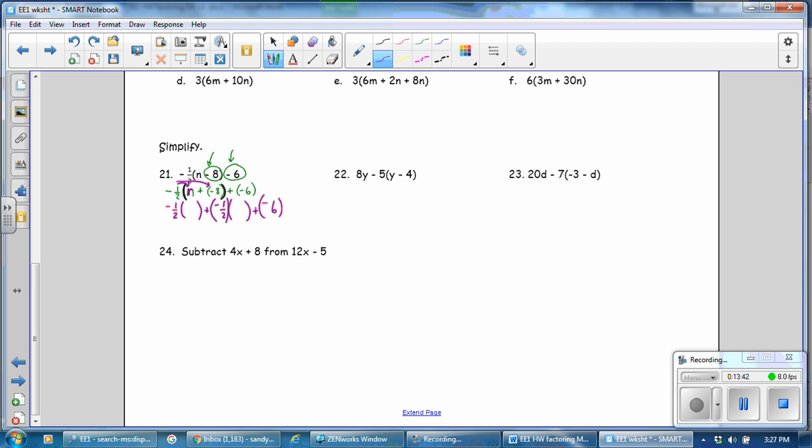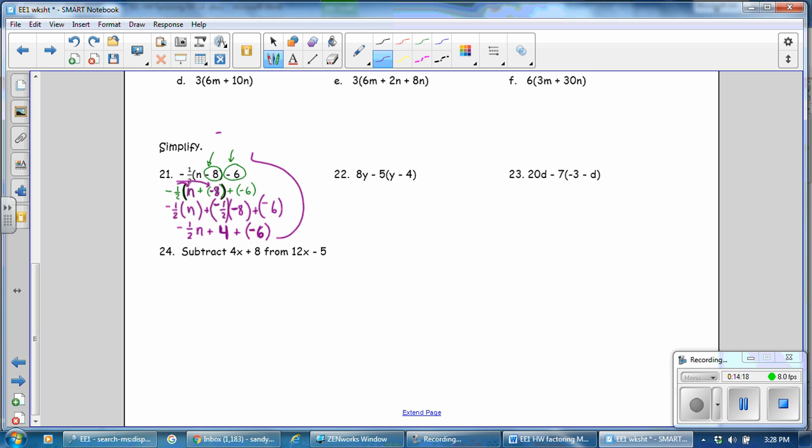The first term is n. The second term is negative 8. Now I'm going to simplify. Negative 1/2 times n is negative 1/2 n. A negative times a negative is a positive, and half of 8 is 4. And I'm just going to bring down the plus negative 6. Now I have like terms. I can add the positive 4 and the negative 6. I'm running out of room here, so I'm going to write the answer up here.